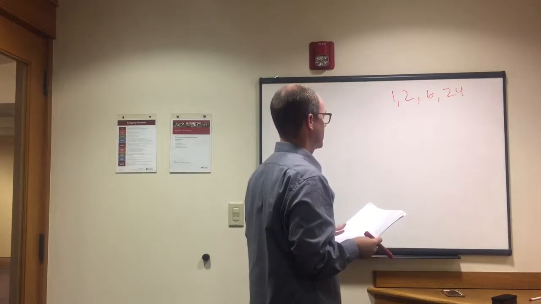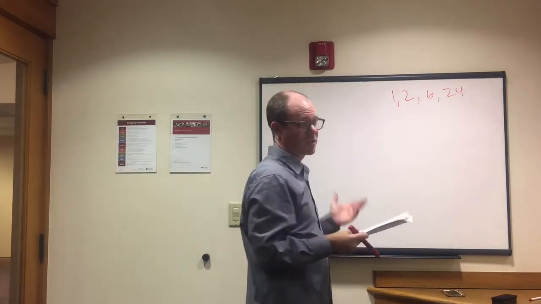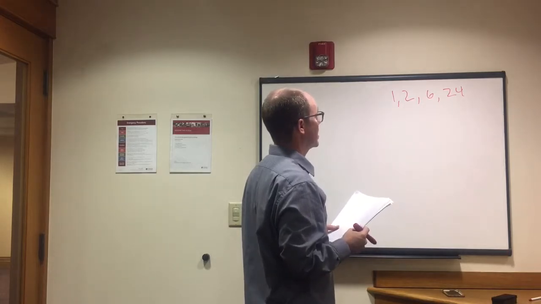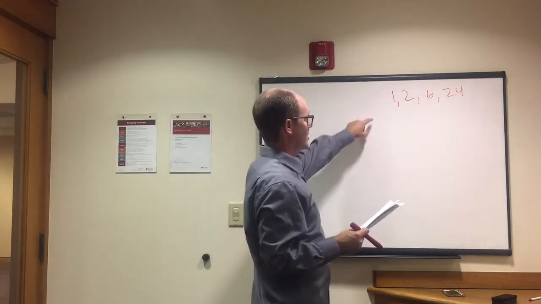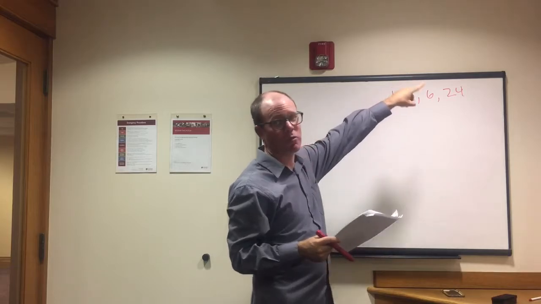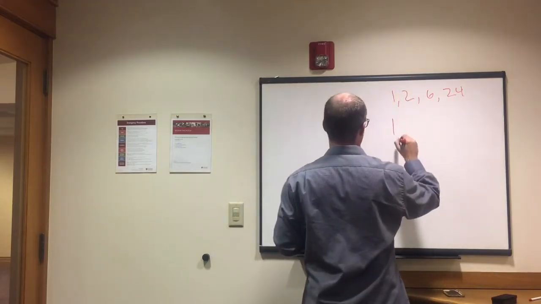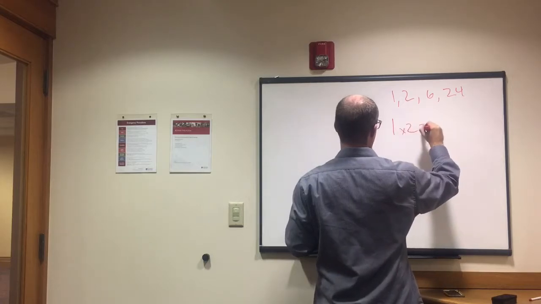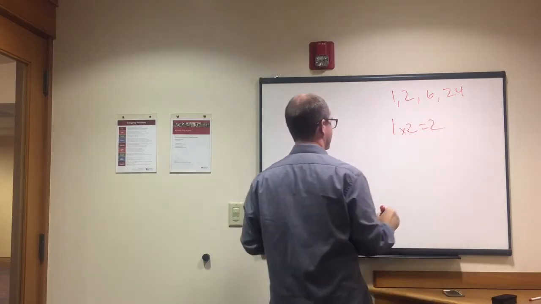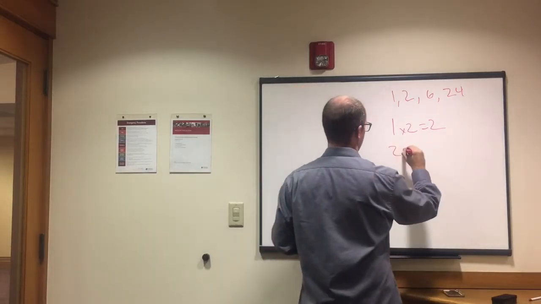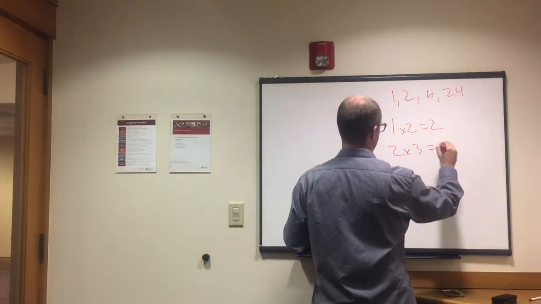All right, last one. Less likely, but possible. Okay, so what are we doing here? Right, so it's none of the ones we've gone over, right? But in this one, what you want to be able to see is that each number is being multiplied by 1 more, right? Let me explain that. So we start with 1, and they multiplied it by 2 to get 2. Okay, and then we get 6, right? 2 times 3 is 6.